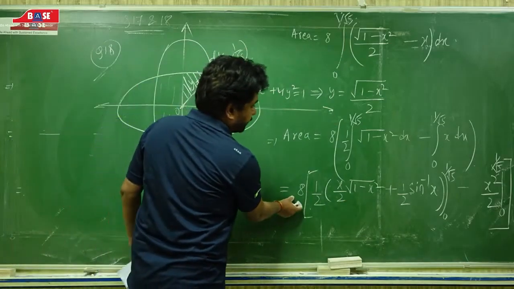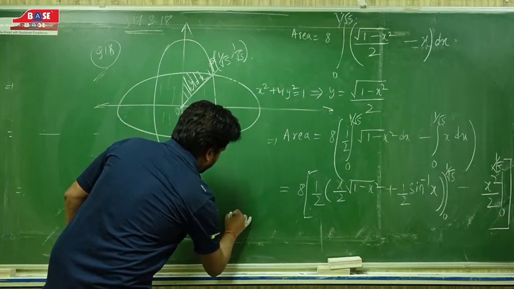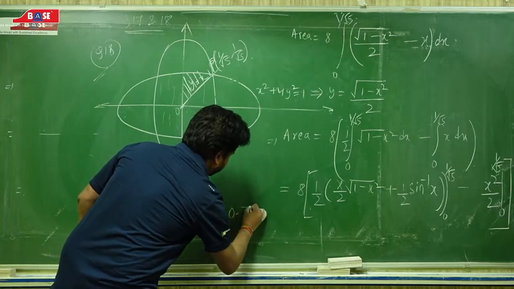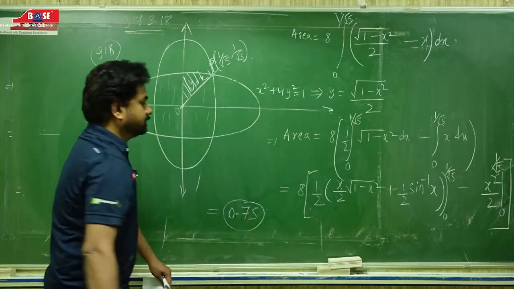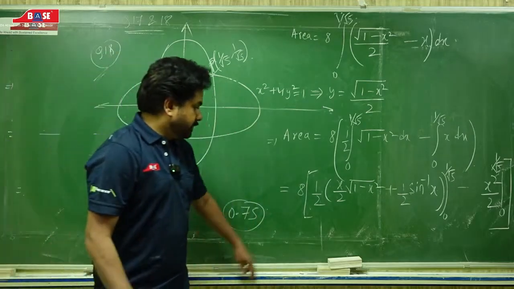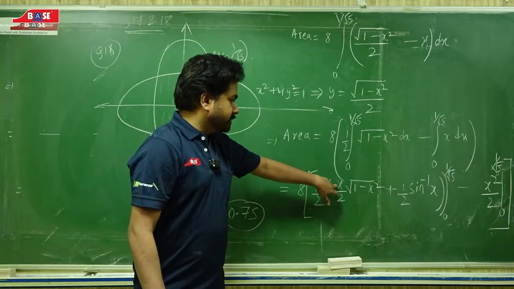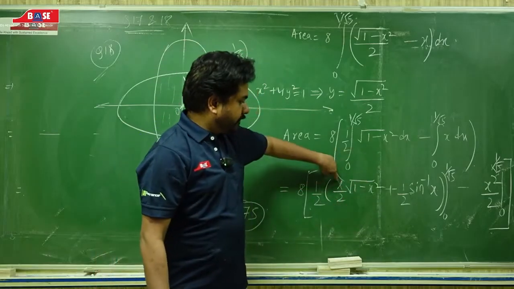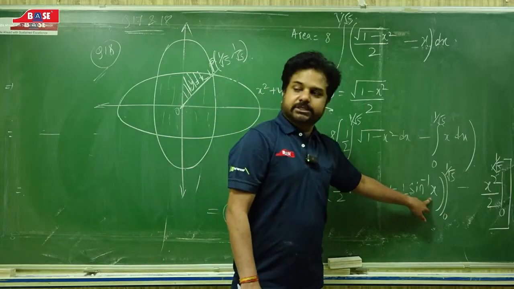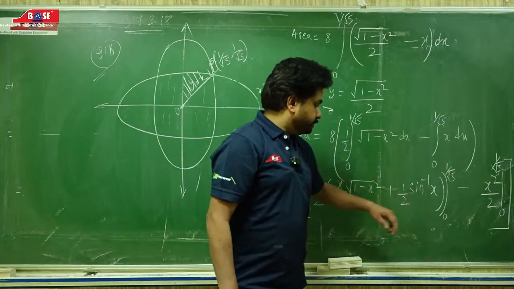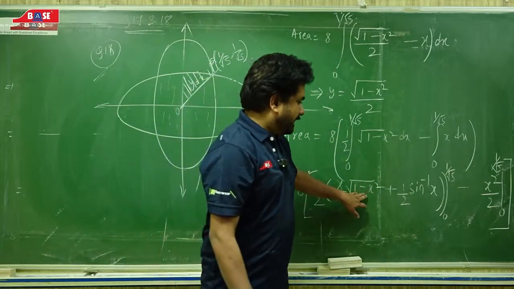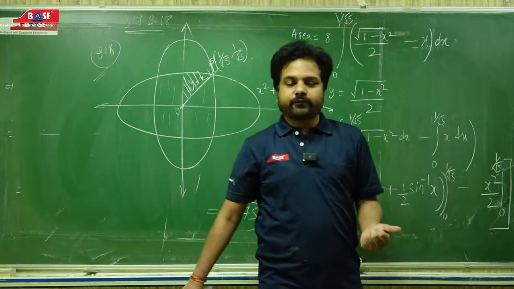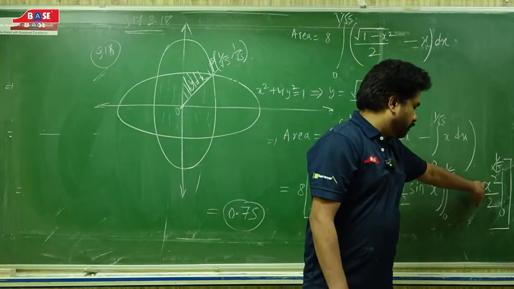That is, 8 times already we have taken. So finally we can say we'll get 0.75 as the final answer after substituting the limits. We can easily substitute 1 by root 5 because if we put 0, we know that this term will be 0, right? So I just have to substitute 1 by root 5 here. Similarly, if we put 0 here also, that will give us 0. So 1 by root 5 squared will become 1 by 10 here.